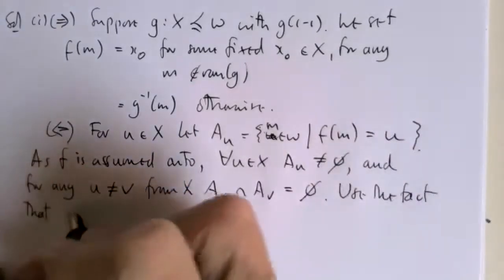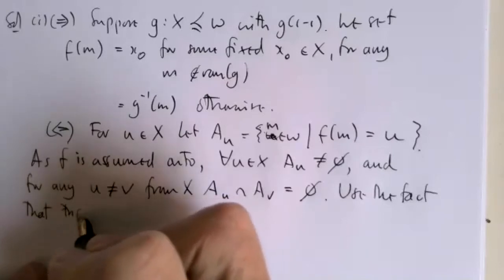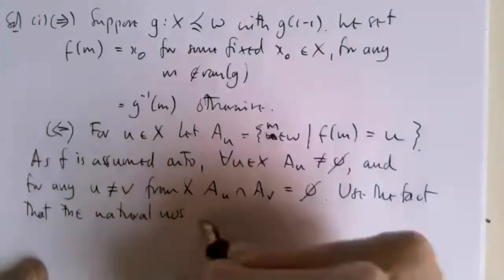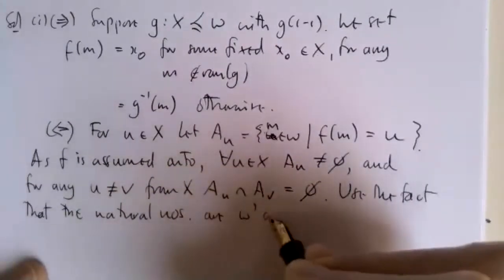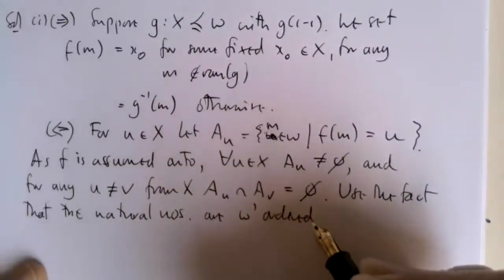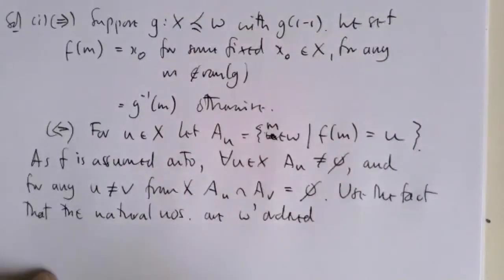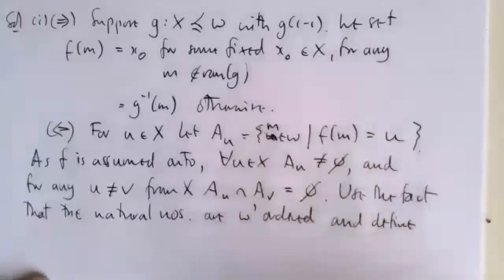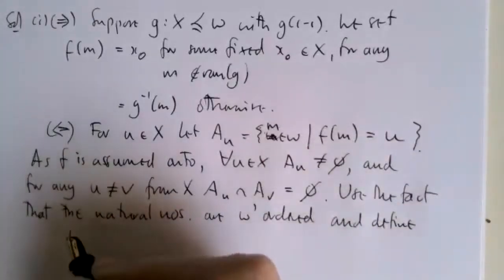So we just use the fact that the naturals are well ordered, and define our one-to-one function.